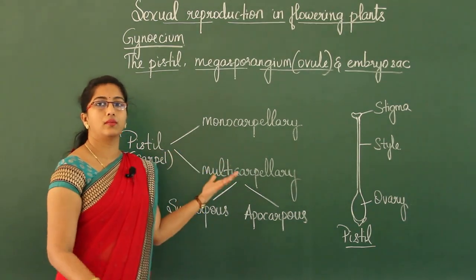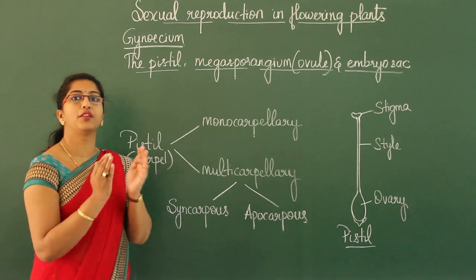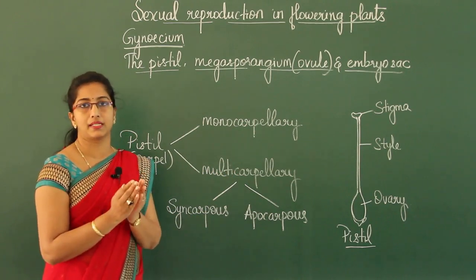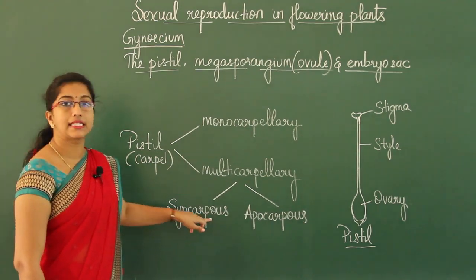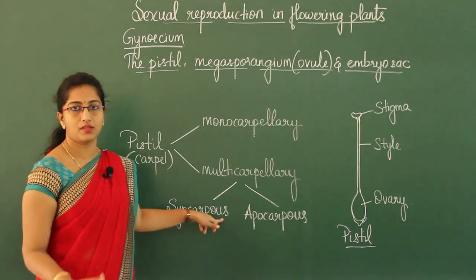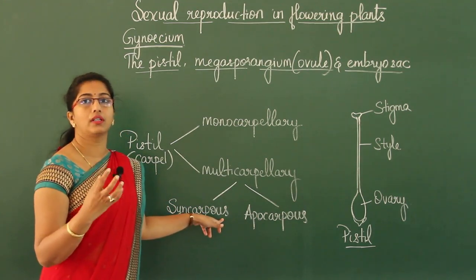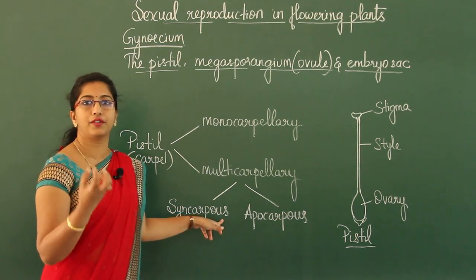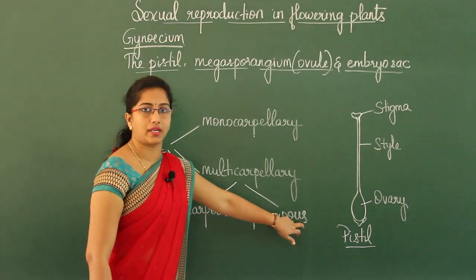When there are more than one pistil, the carpels may be fused, and then we call it syncarpous. When we say syncarpous condition, it means that all the pistils or carpels are fused together. There is another condition where we say apocarpous.